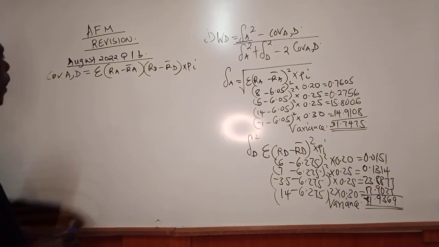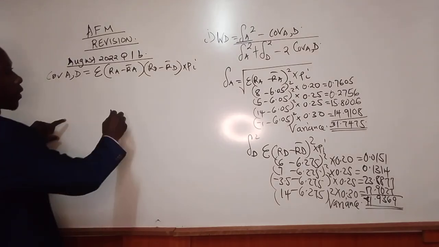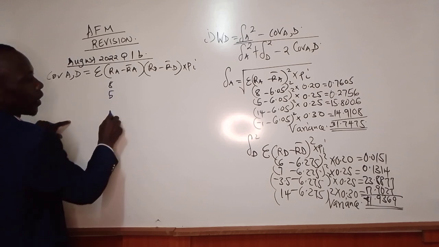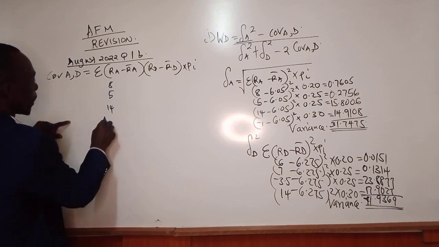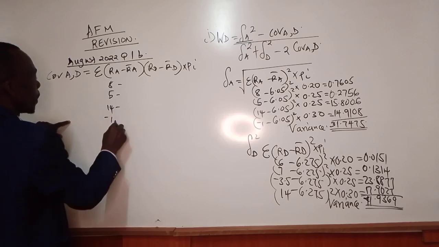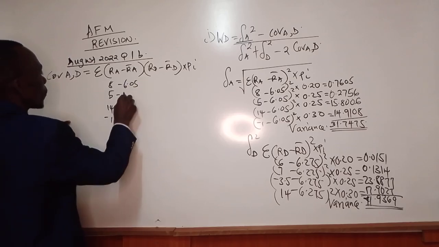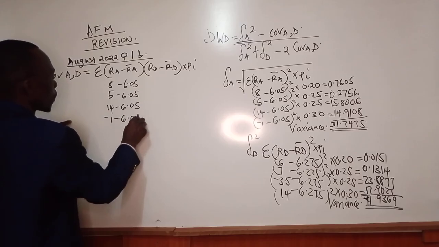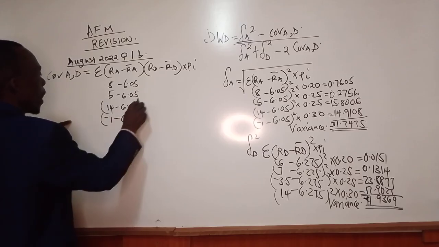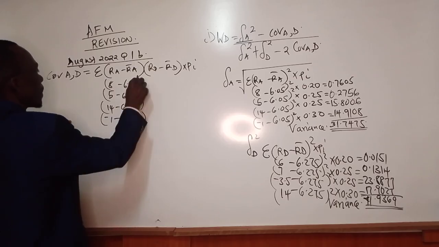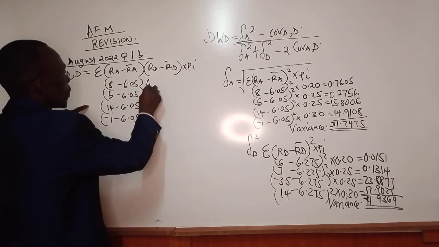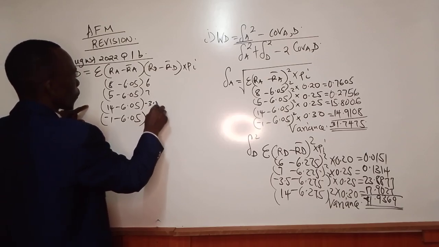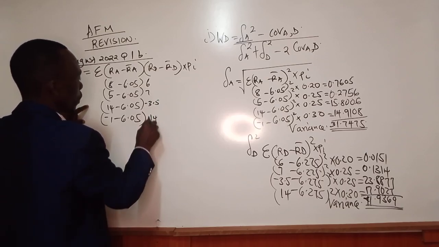So we have those figures, the figures are here. So for A, we had 8, then 5, then we have 14, and negative 1, minus, we had 6.05 for each. Then from there, the next one is D. D is 6, 7, then negative 3.5, then 14.